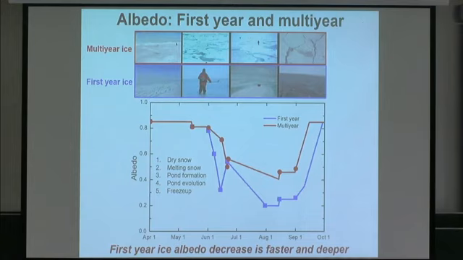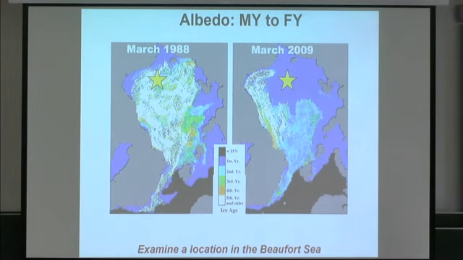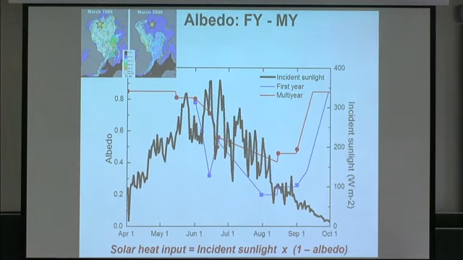So that's good to know, but we always go back to the question, does it matter? Is this something that we have to worry about? Well, we can do a little experiment and say, okay, here's a region in the Beaufort Sea that back in the day was nice thick multi-year ice and nowadays is first-year ice. So how does it matter in terms of the evolution of albedo and the amount of solar heat we put in?